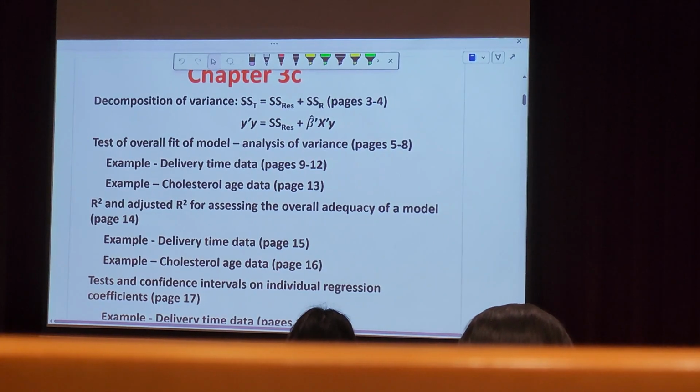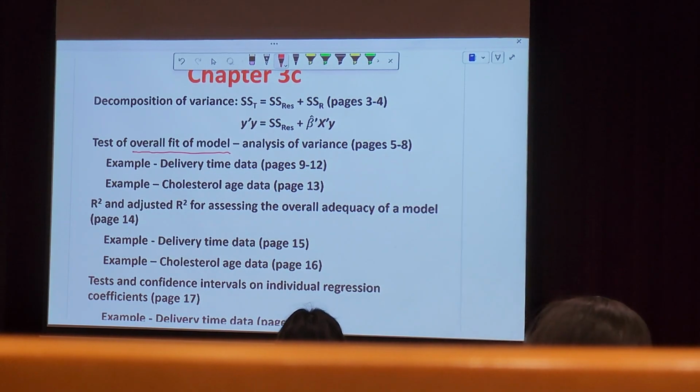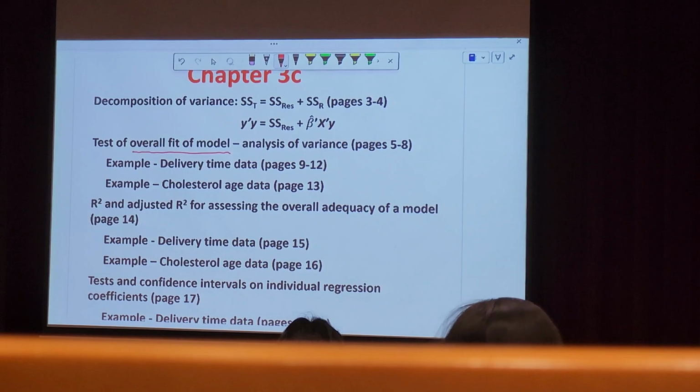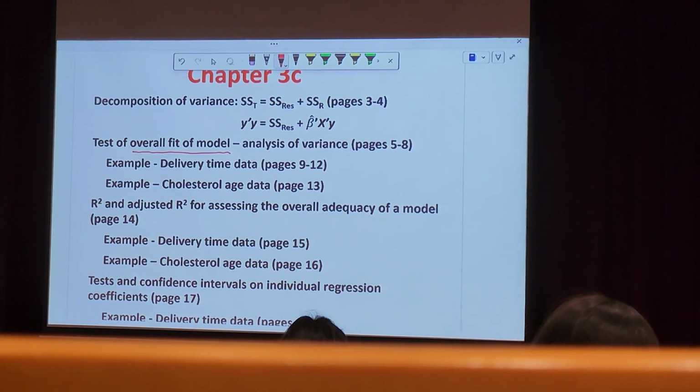So today, I want to talk about the decomposition of variance. And the overall model is something we have not done before. So far, we have talked about testing individual regression coefficients. But now, the overall model: is the model appropriate?